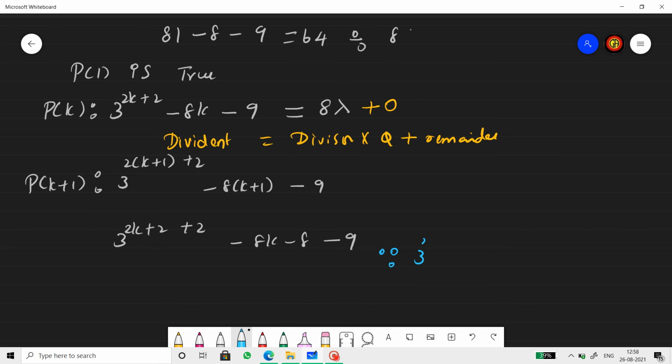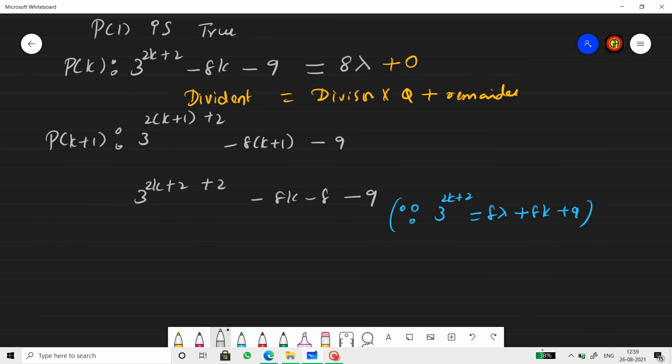We know that 3 power 2k plus 2 minus 8k minus 9 equals 8 lambda. So 3 to the power 2k plus 2 is equal to 8 lambda plus 8k plus 9, isn't it? That one I'm going to substitute here. You can ask me, where is 3 power 2k plus 2? Right here. So 3 to the power of 2k plus 2 into 3 square minus 8k minus 17.